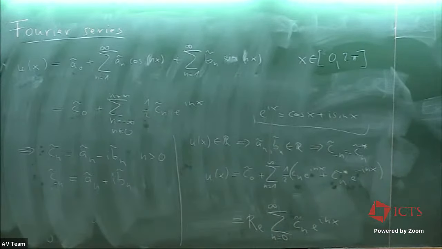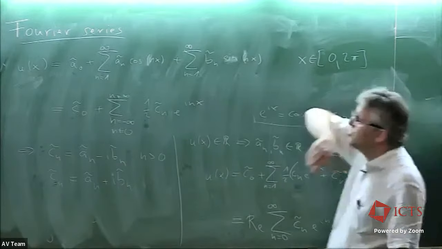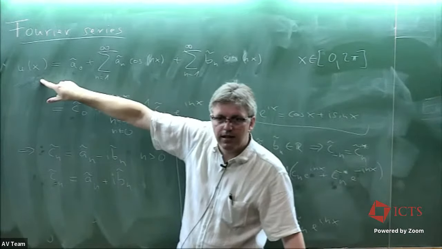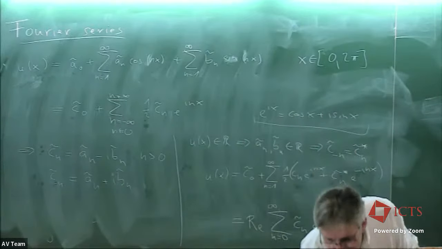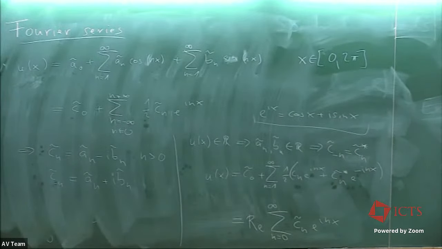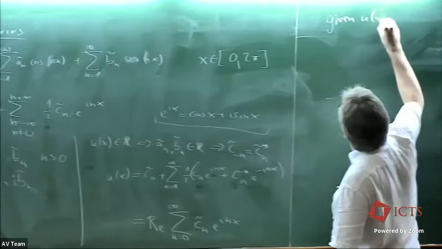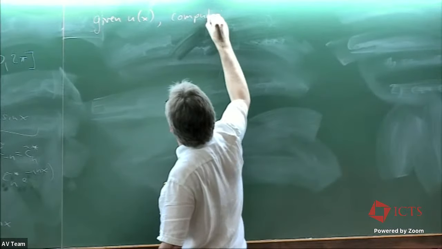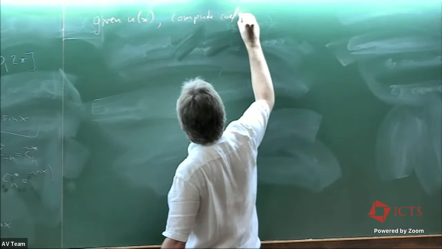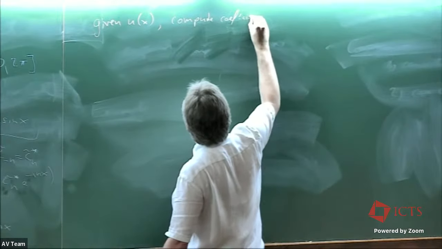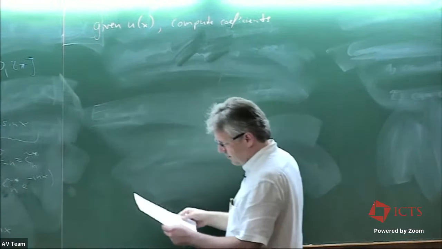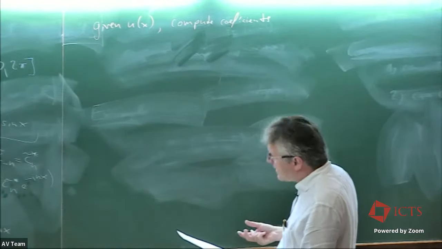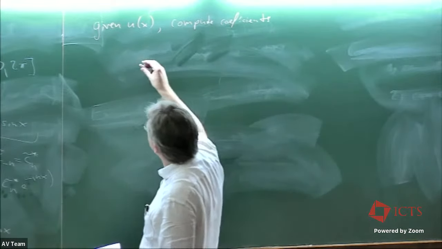Okay, the next step here is, say we have our favorite function u of x. How do we get at the coefficients? So, given u of x, compute the coefficients. You've probably seen this before.